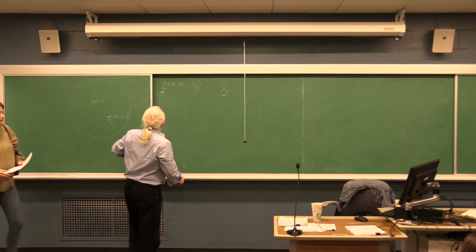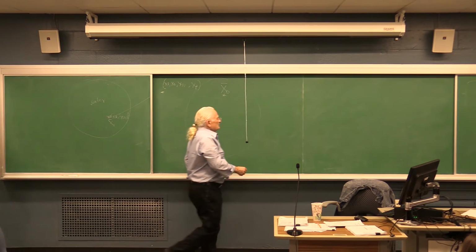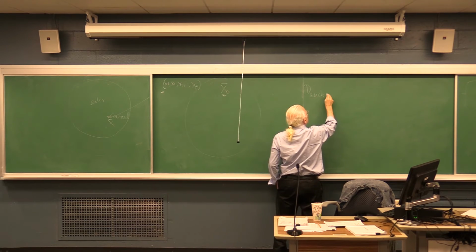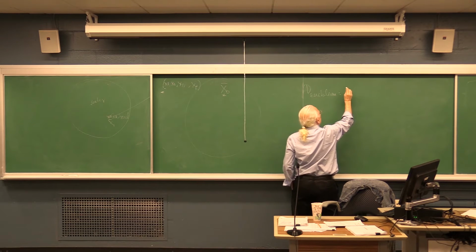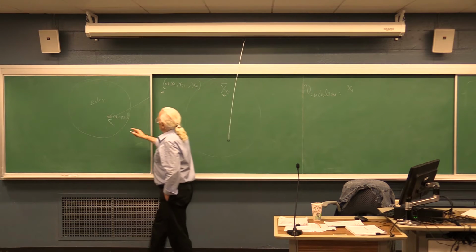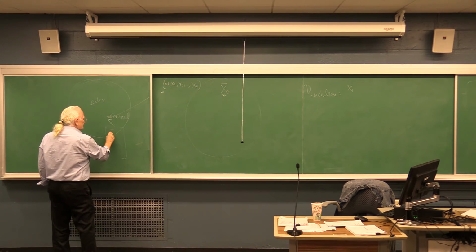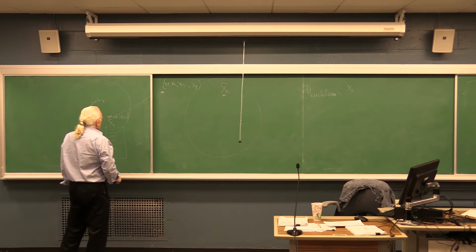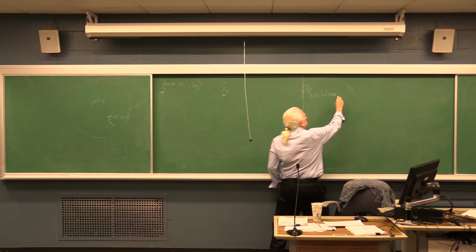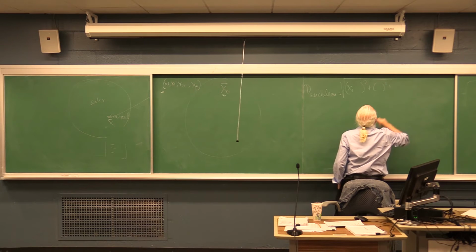So the Euclidean distance from here to here is, you take these differences, p numbers, square them and add them up.